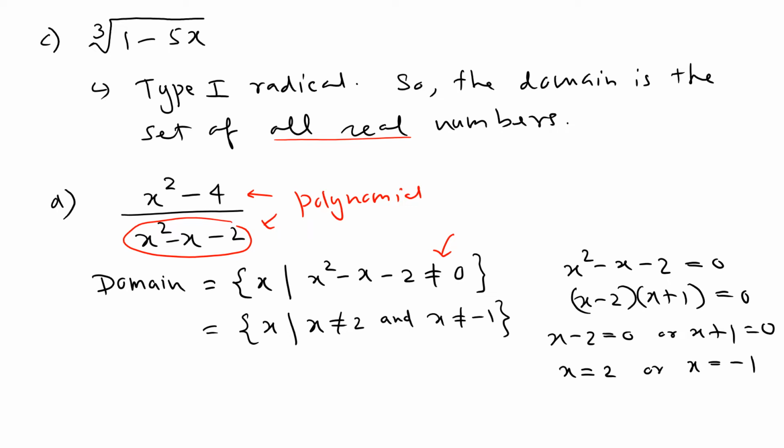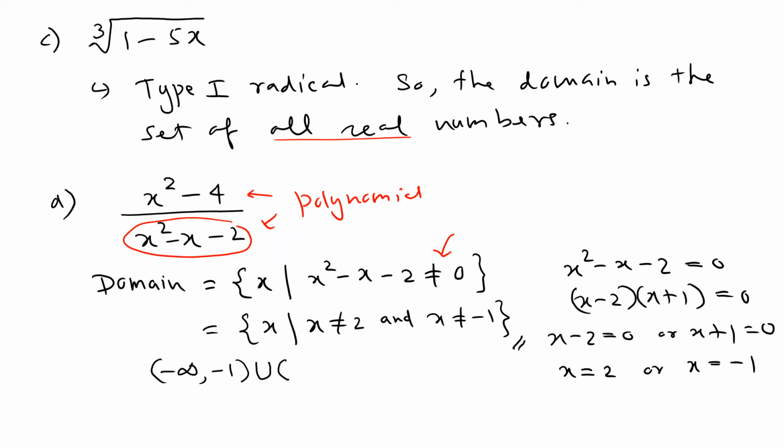So that's one way to write the solution. The other way is to use interval notation. We have to remove two values. How do we do that? We start with negative infinity and stop at the first value, negative 1, with an open parenthesis, and then put a union.